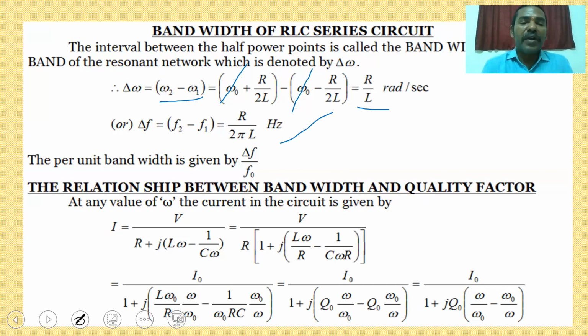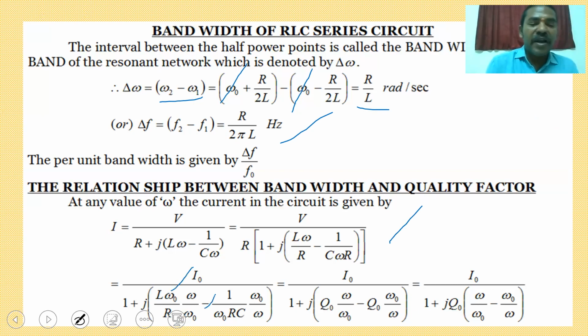Now we are going for the relationship between the bandwidth and quality factor. Already you know that the current can be represented as V divided by R plus j times of L omega minus 1 by C omega. Here I am taking R as common: V divided by R into 1 plus j times of L omega by R minus 1 by C omega R. Now for L omega by R, I am multiplying and dividing by omega naught.